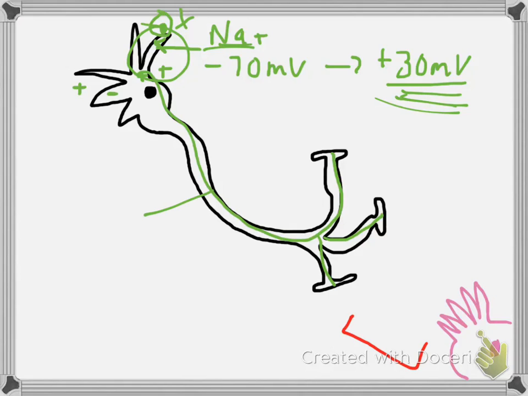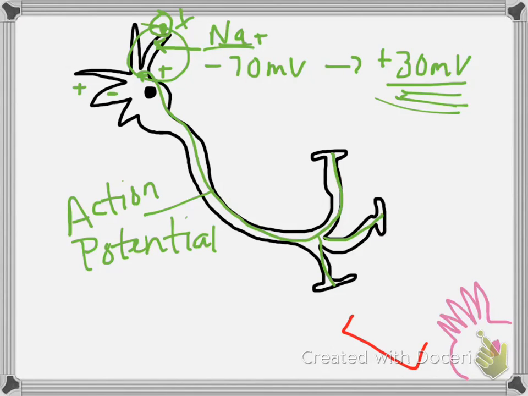So in this green right here, I'm showing an action potential that is going to fire down the entire length of the axon, and it's going to reach the end here at the axon terminal.